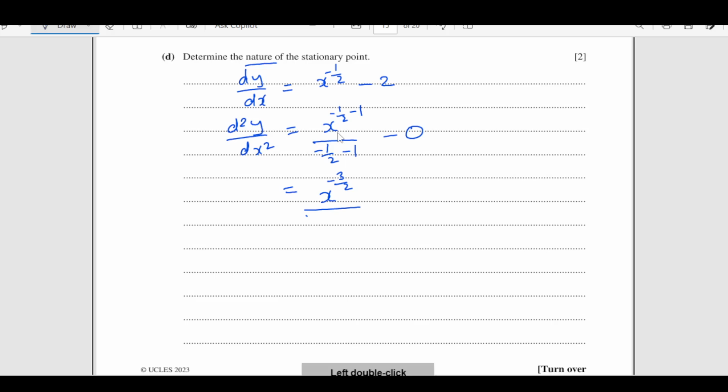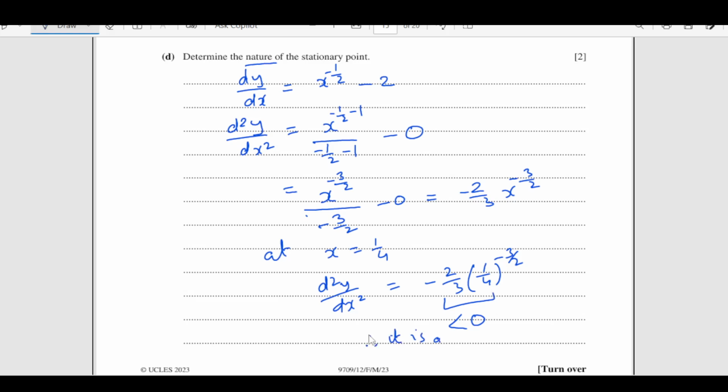This is also negative 3/2 minus 0, and 0 we can leave. So, this is actually negative 1/2 x to the power negative 3/2. Now we are looking at the point x equals 1/4.